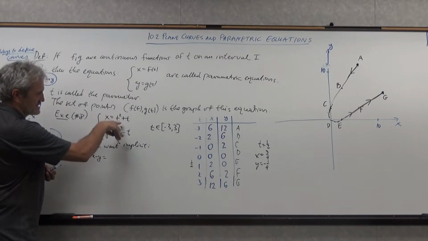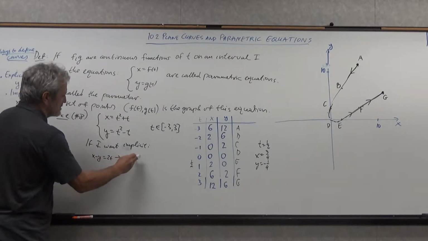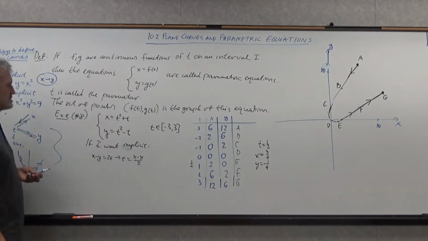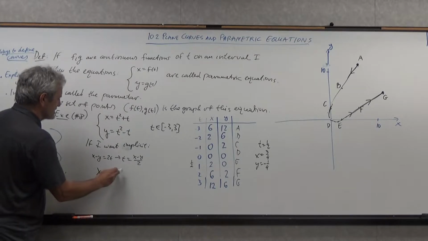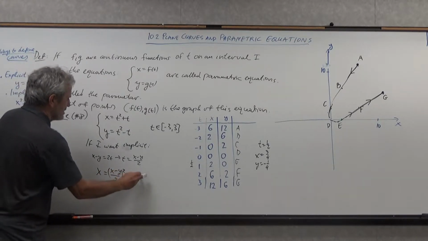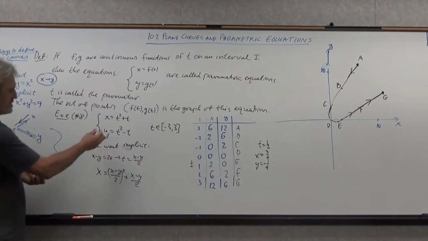When I subtract, the t squares cancel, equals 2t. So from here, t equals (x minus y) over 2. If I plug it in, I'll get x equals ((x minus y) over 2) squared plus (x minus y) over 2. I just replace it here.